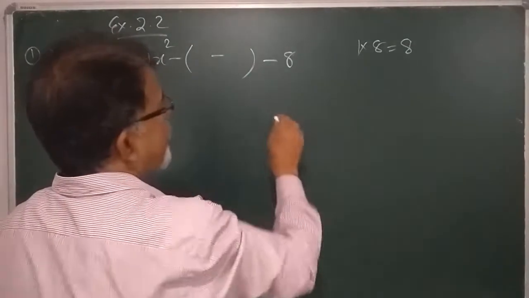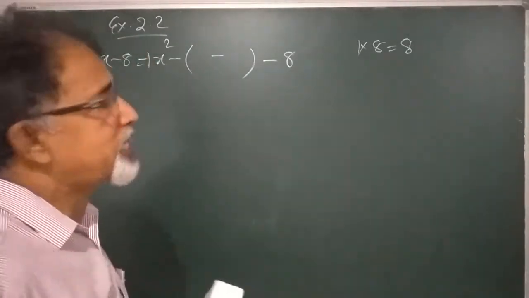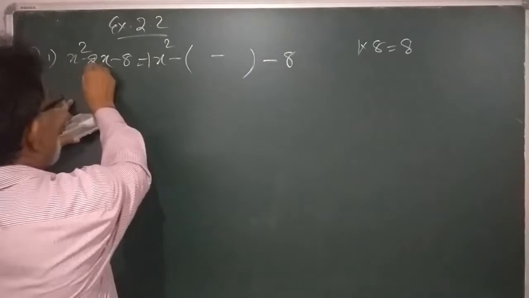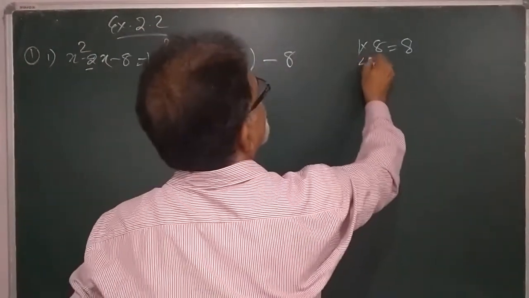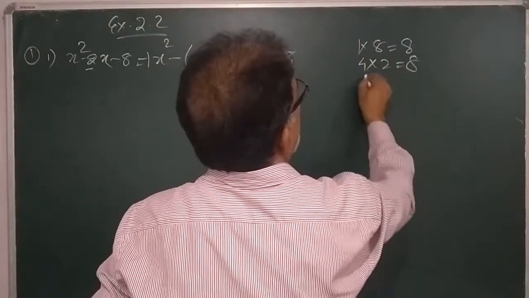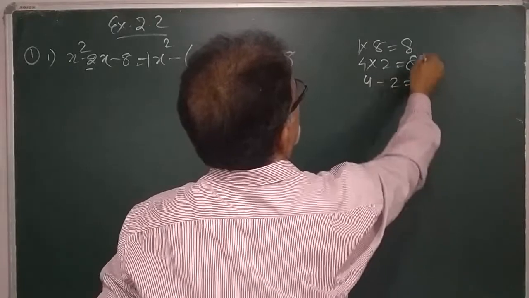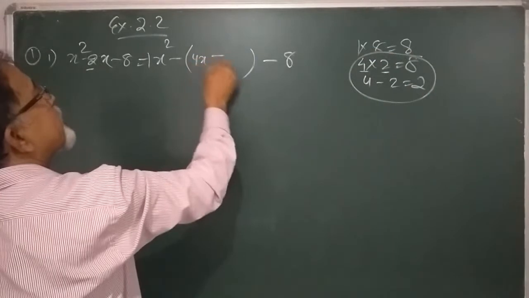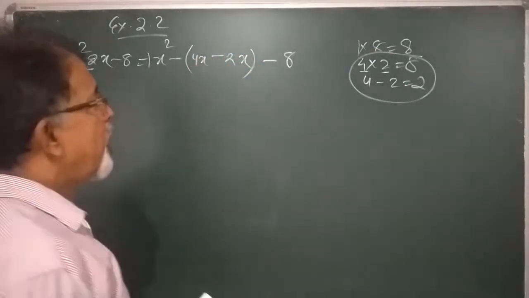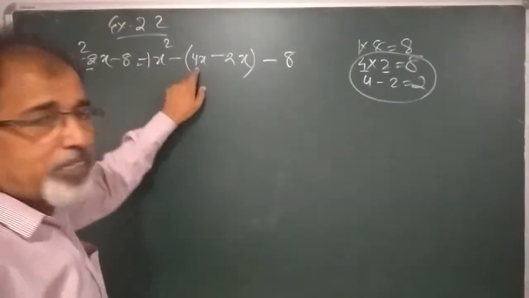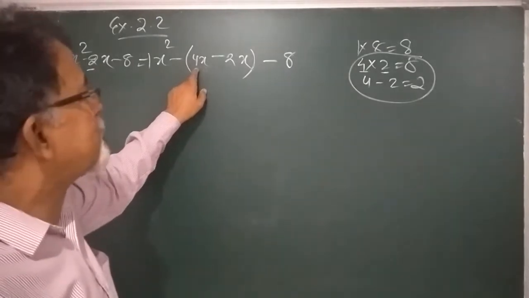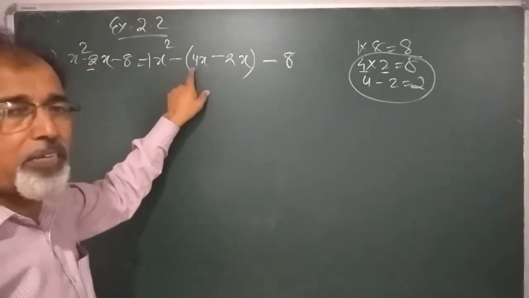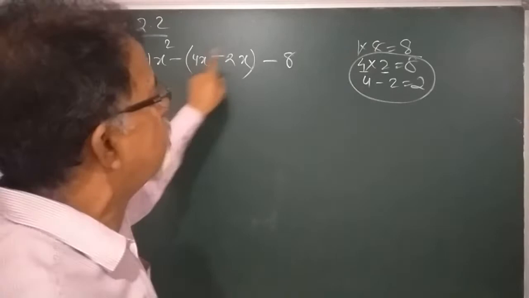Now we have to find two numbers whose product is 8 and difference is 2. 4 into 2 equals 8 and 4 minus 2 equals 2, and therefore we have to take 4 and 2. We have 4x minus 2x. You cannot write 3x minus 1x here; 3x minus 1x will give 2x, but 3 into 1 will not be equal to 8.